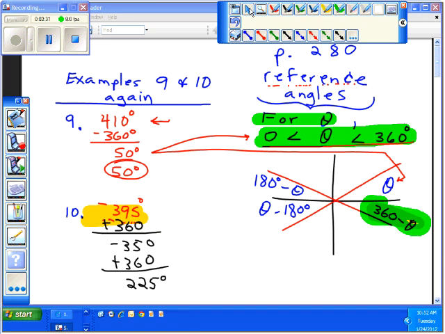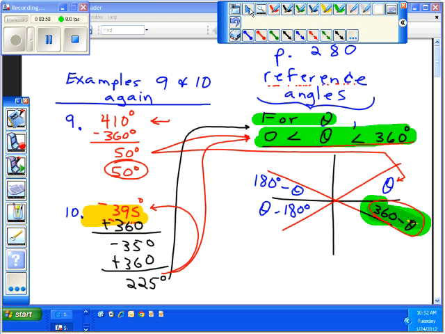Now we have a coterminal angle that falls within the range we have to be in, 0 to 360 degrees. 225 is coterminal to negative 395, and it lies within this boundary.